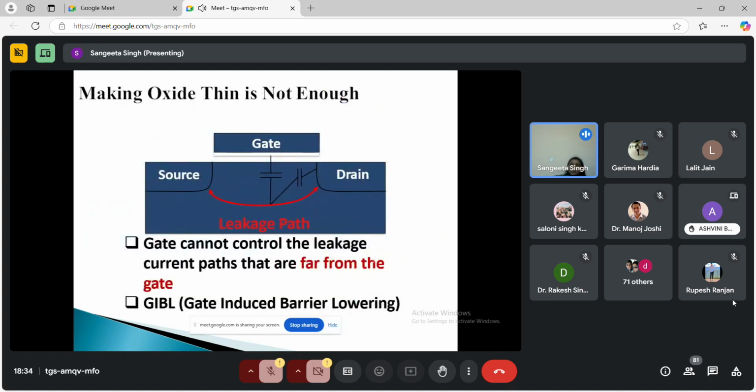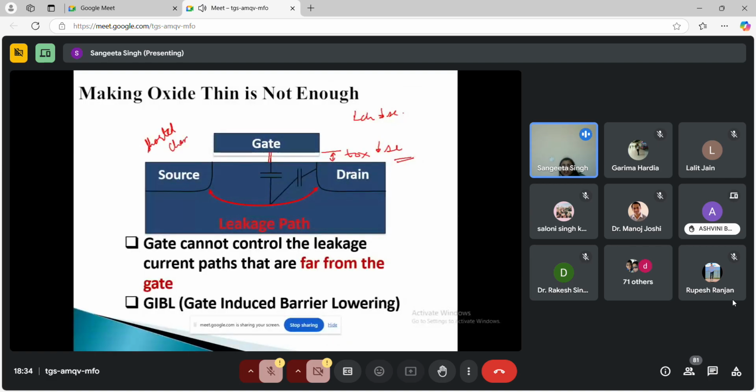Now, what are the other causes? Other causes are T oxide. If channel length LCH is decreasing, my T oxide is also decreasing. If T oxide is decreasing, then there is a finite chance that my gate gets shorted with the channel.